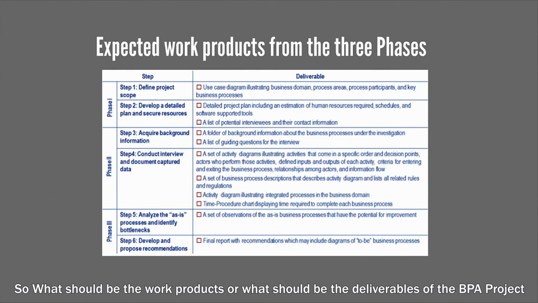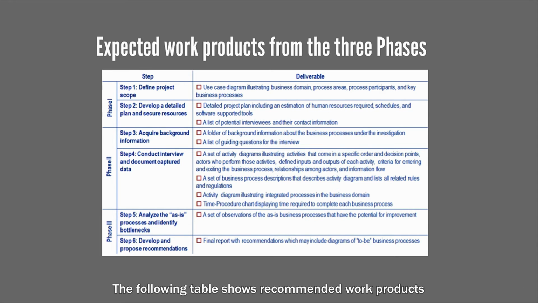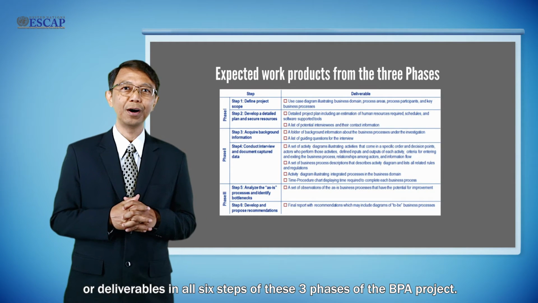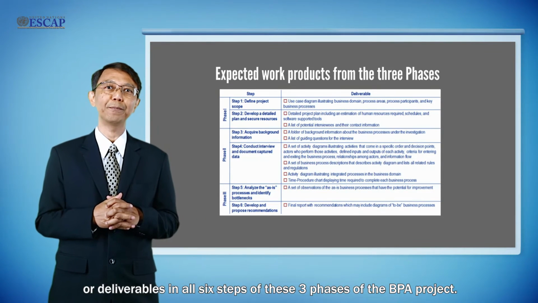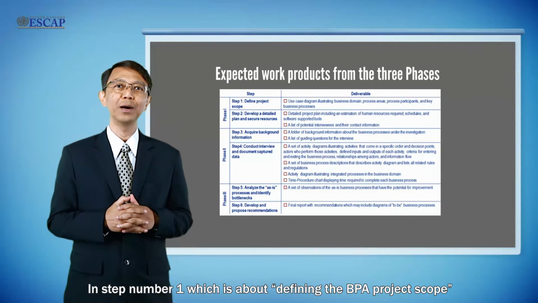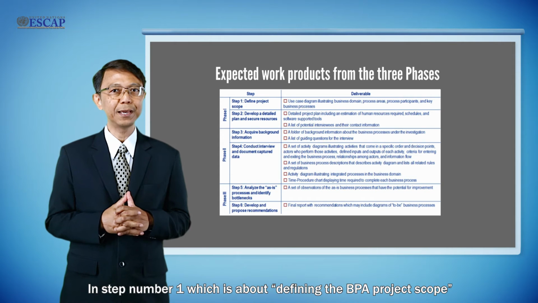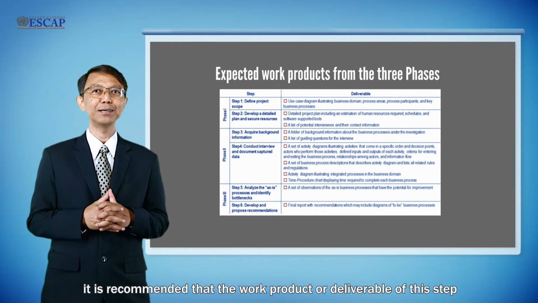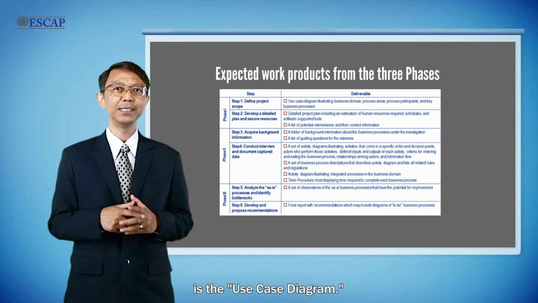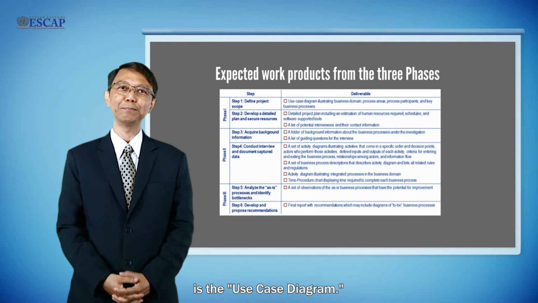So, what should be the work products, or what should be the deliverables of the BPA project? The following table shows recommended work products or deliverables in all 6 steps of these 3 phases of the BPA project. For example, in step number 1, which is about defining the BPA project scope, it is recommended that the work product or deliverable of this step is the use case diagram.